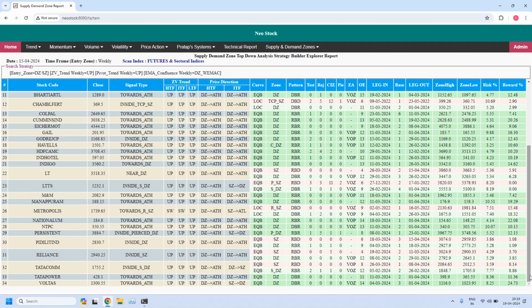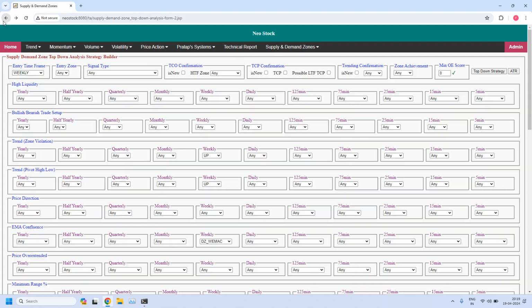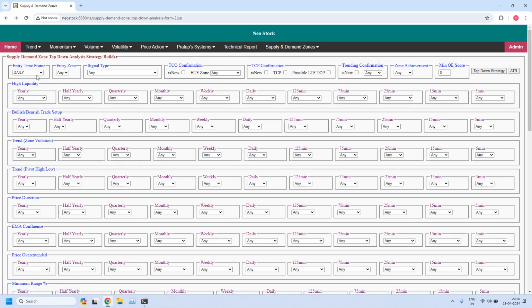Now the next report: let us check for weekly EMA having confluence with a weekly supply zone, but the trend should be downtrend. So let me go back. For the weekly time frame, let us start in a fresh way.